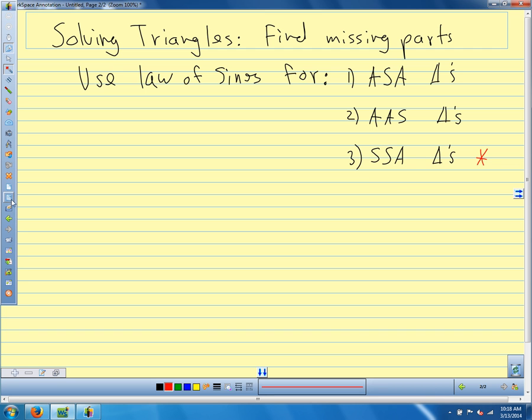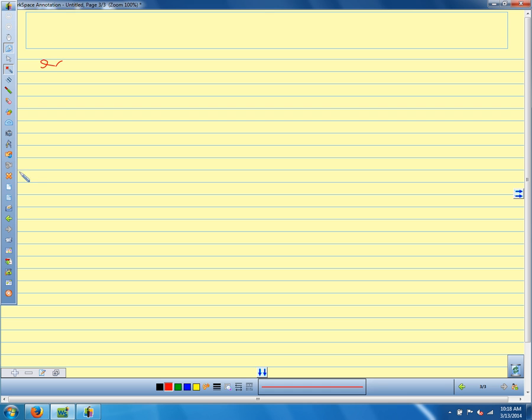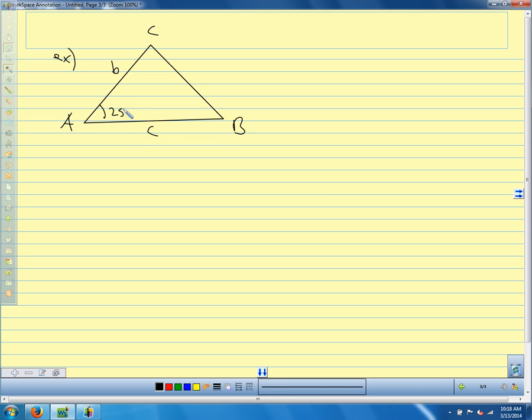All right. So let's take a look at an example. So here's our triangle for this example. I'm going to call this A, C, B, 25 degrees, 70 degrees, and I'm going to say side A equals 3.